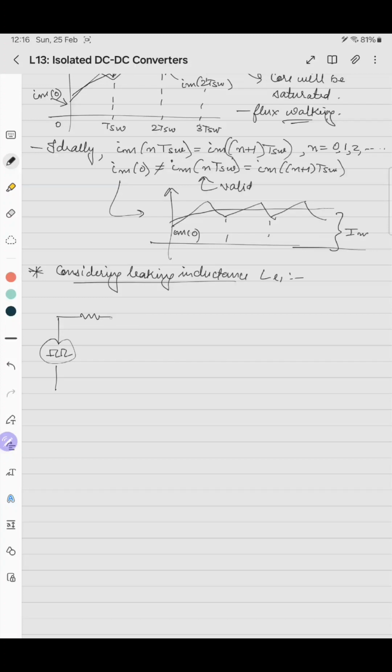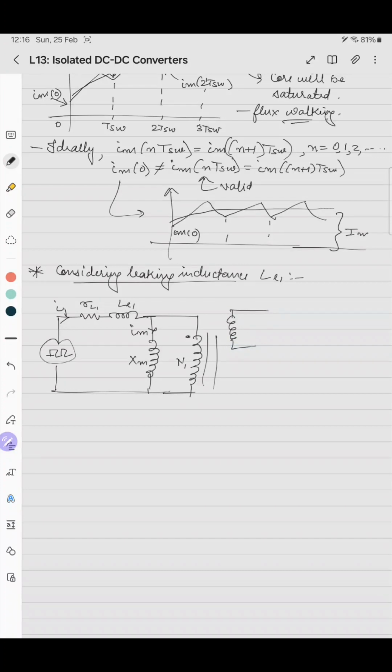This is the copper loss component, this is LL1, this is RL1, this is the big Lm, or I can write Xm, this is I1, this is Im, N1, and this is I1 dash, this is I2, and this is I3.